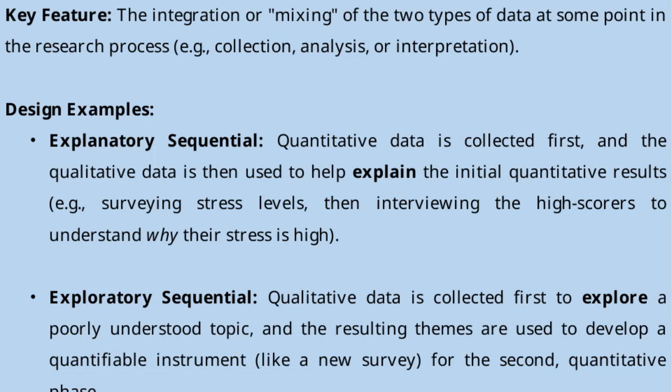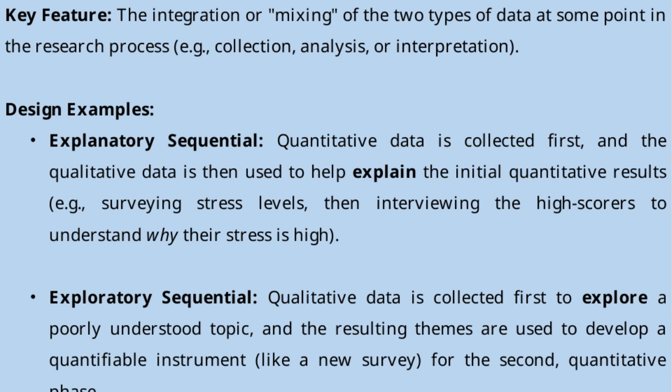So, one key feature of mixed methods research is the integration, or what we often call the mixing, of two types of data at some point in the research process. This could happen during data collection, analysis, or even interpretation. The idea is to combine the strengths of both quantitative and qualitative data to gain a more comprehensive understanding of the research problem.